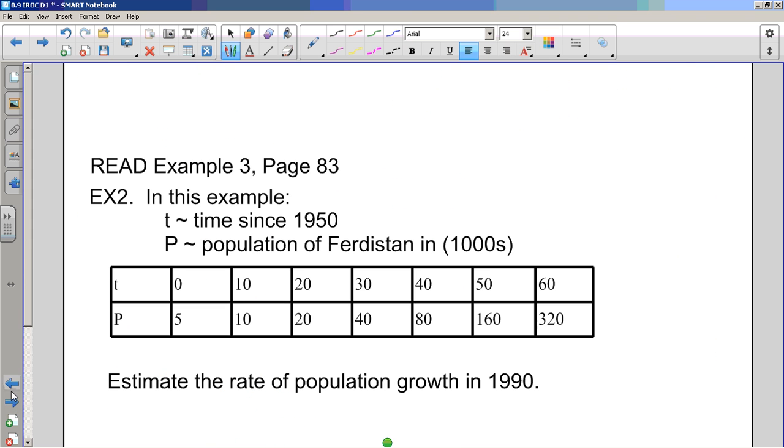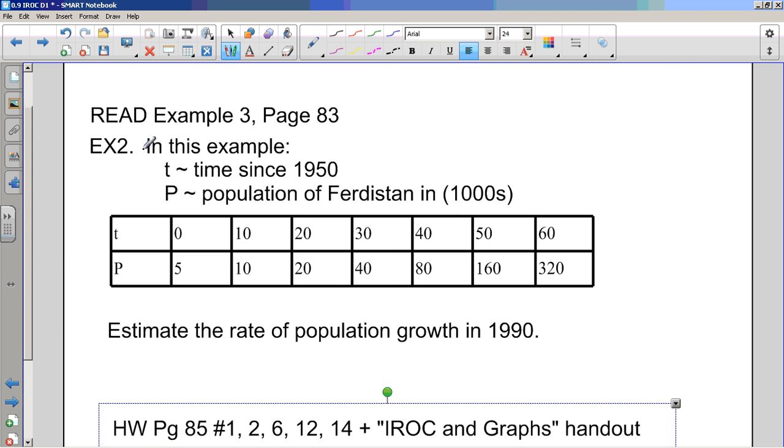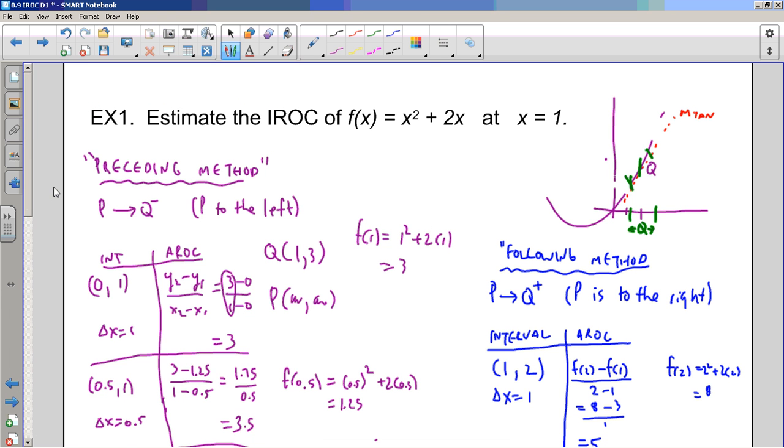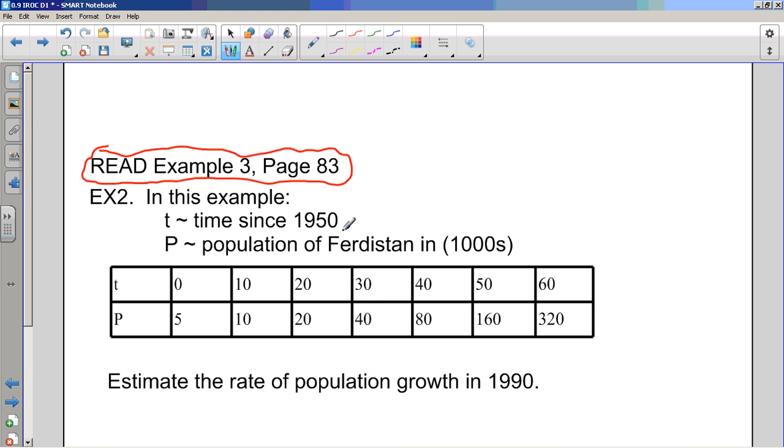Example 2, I'm going to dump this on you folks. You're going to read this example, which is exactly like this one. The whole idea is, how do I calculate the instantaneous rate of change if I don't have an equation to substitute into? What happens if I want to find the instantaneous rate of change at a particular point when I'm given a table?